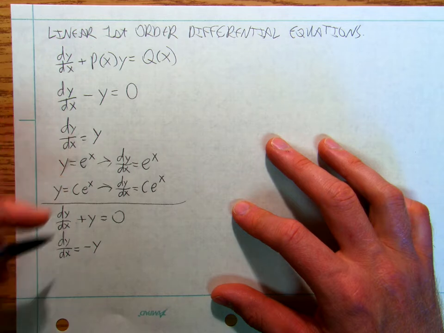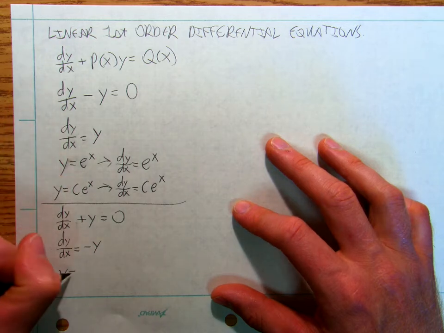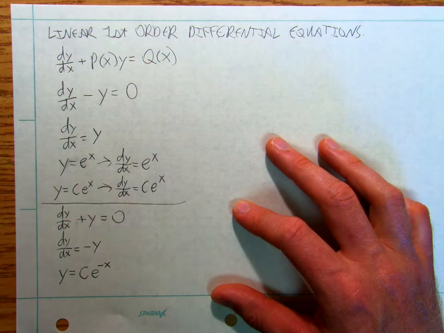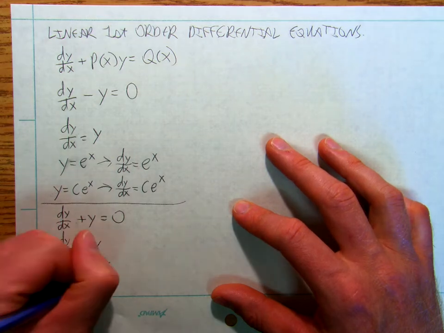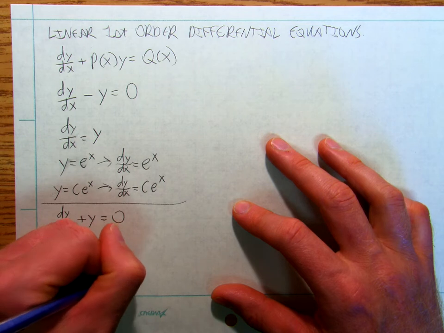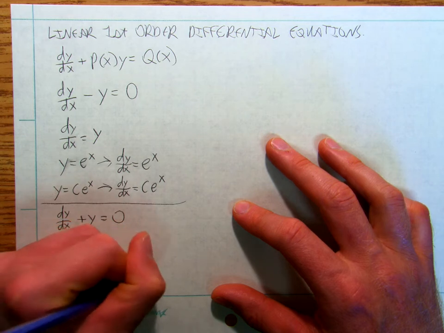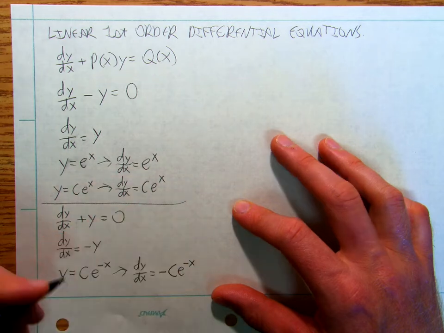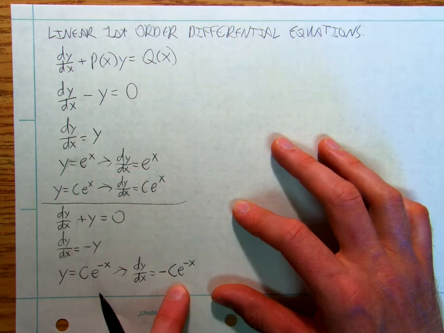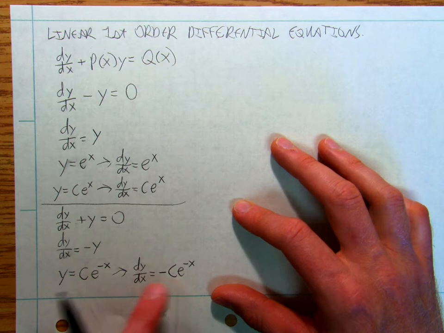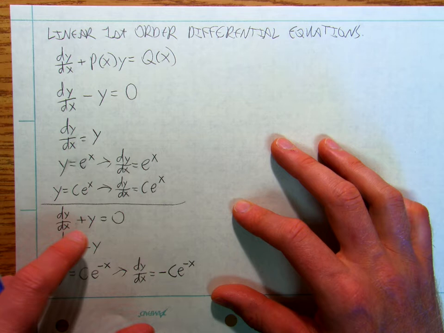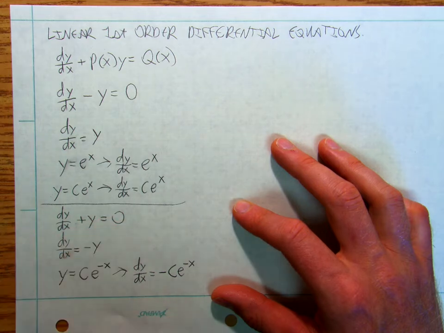Should be not all that hard. It's going to be y equals c e to the -x. Because when I take the derivative of that, I get dy/dx is equal to -c e to the -x. And then if I plug that in, plus that equals 0. That plus that equals 0.